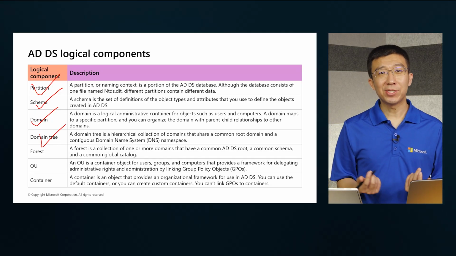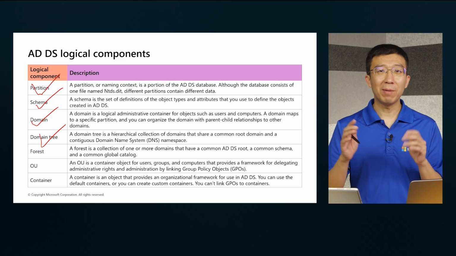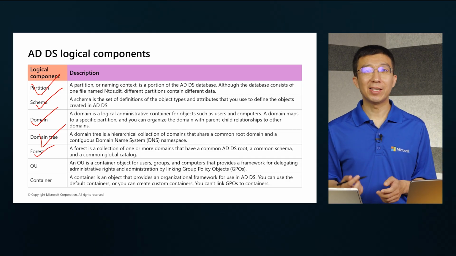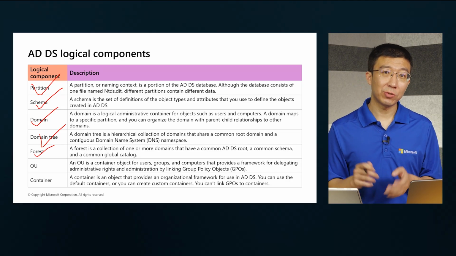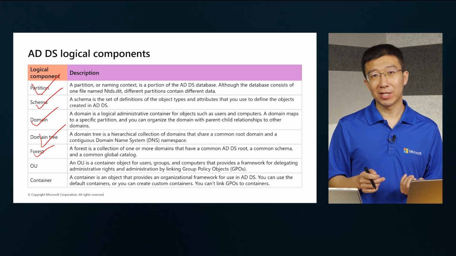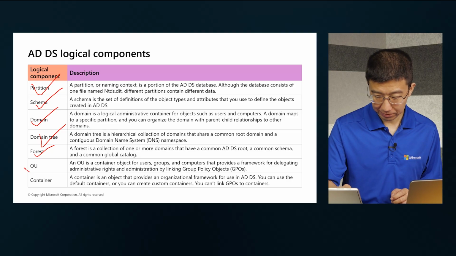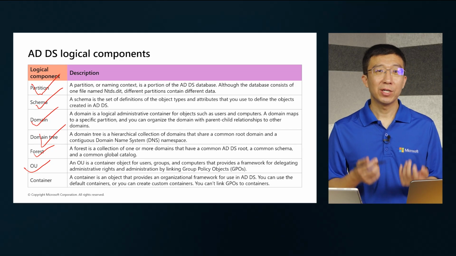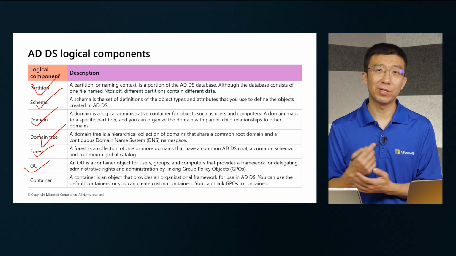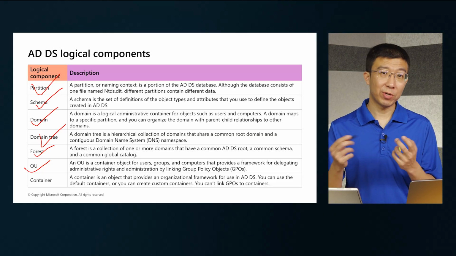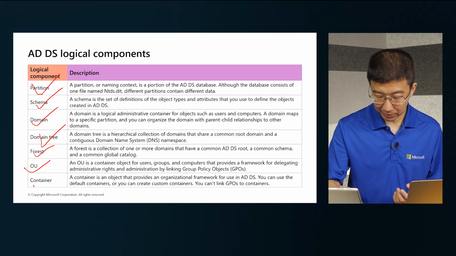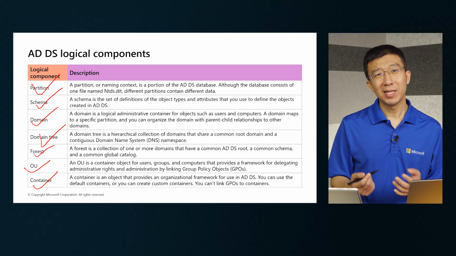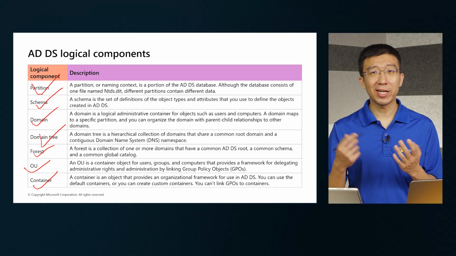A domain tree is a group of domains that share a common root and a DNS namespace. A forest is a collection of one or more domain trees that share a common schema and global catalog. Organizational units, OUs, are containers for users, groups, and computers, and help delegate administration. Lastly, containers are similar to OUs, but can't have group policy objects linked to them.